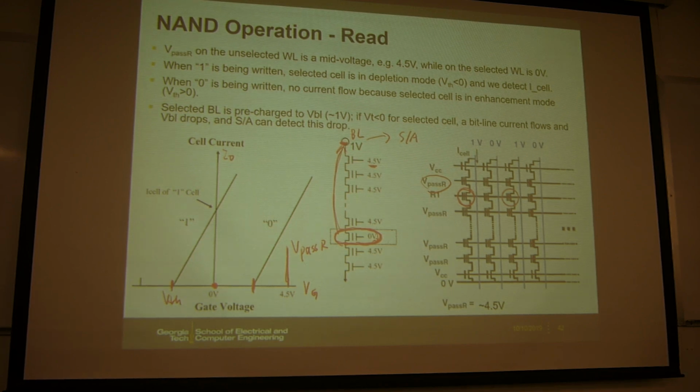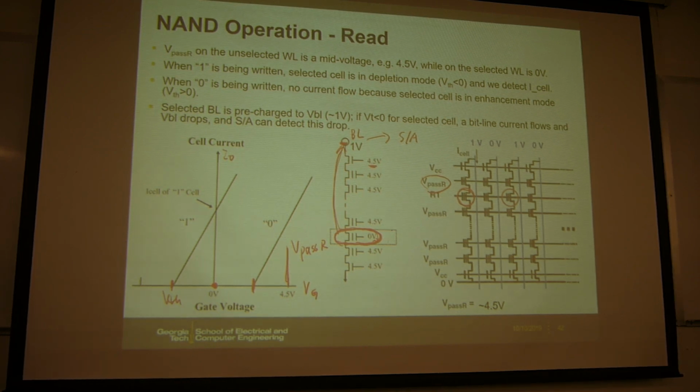Because your current is quite small. Current is small, and also the problem is here. You need to go through all those transistors. Capacitance. Resistance. Yes, resistance and capacitance. Each of those transistors gives you series resistance and, of course, capacitance along that path.